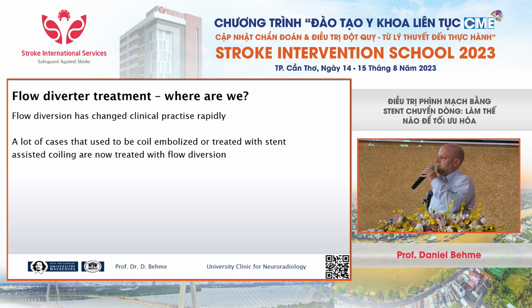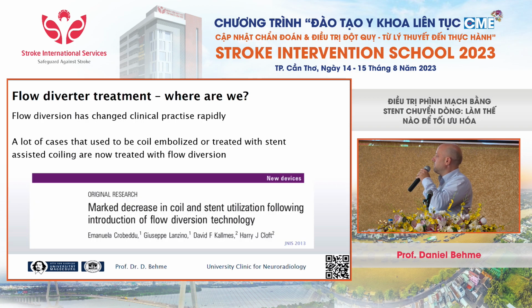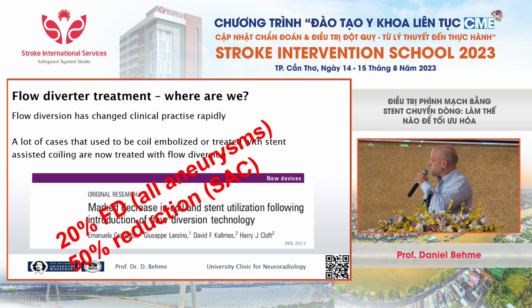This effect is quite big, and it's probably a bit different from center to center, but if you look at the data from 10 years ago, quite a long time, the Mayo Clinic was already at 20% flow diverters of all aneurysm cases, and they had a 50% reduction in stent-assisted coiling.